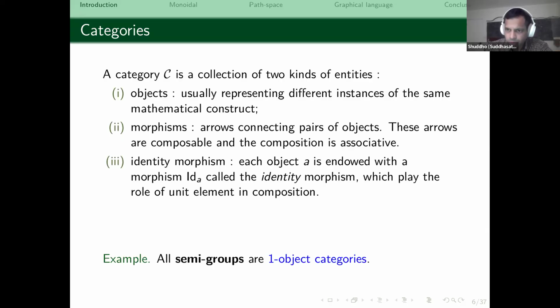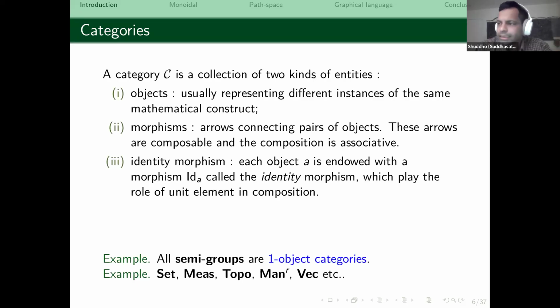Any semigroup, which means also any group, is also a category. We can represent any semigroup as a one object category. And each element of the semigroup corresponds uniquely to some arrow of that category, which means the compositionality of the semigroup structure is translated into compositionality of categorical composition.